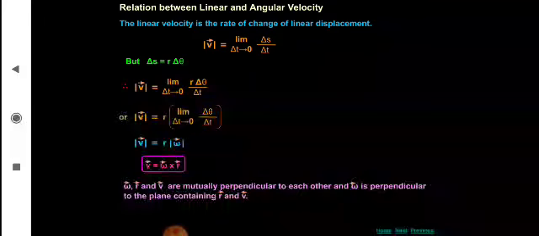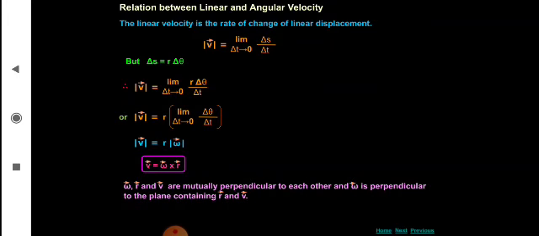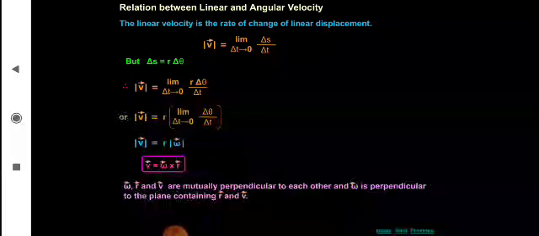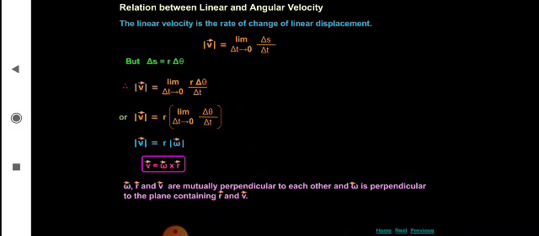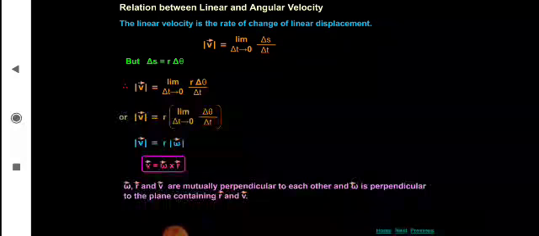This value, the limit as delta t tends to 0 of delta theta divided by delta t, equals the angular velocity, the modulus of vector w. So vector v is equal to vector w into vector r.